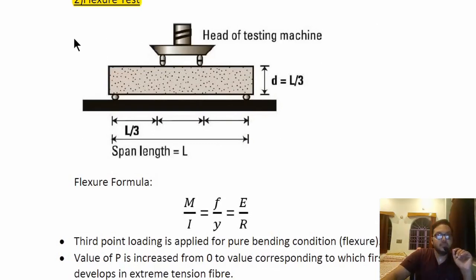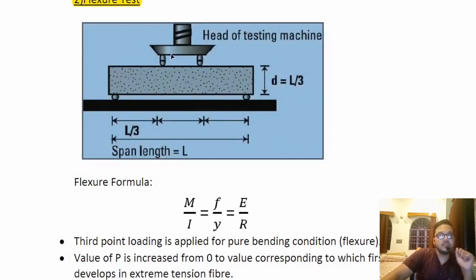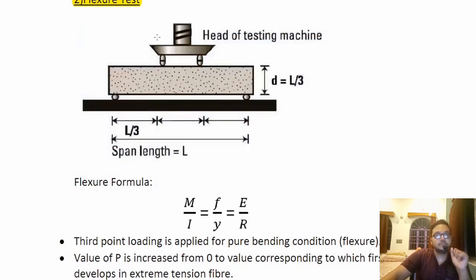Most of you must have done this in the concrete testing lab. This is the apparatus where we have the head of the testing machine, and there are two points putting the load on this particular prism beam, and we also have two supports over here.